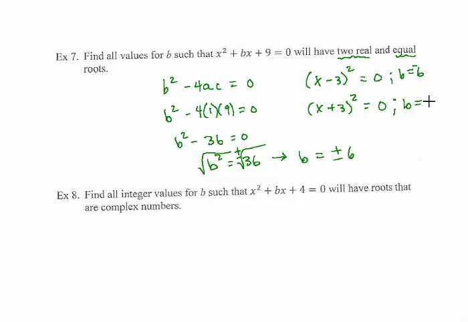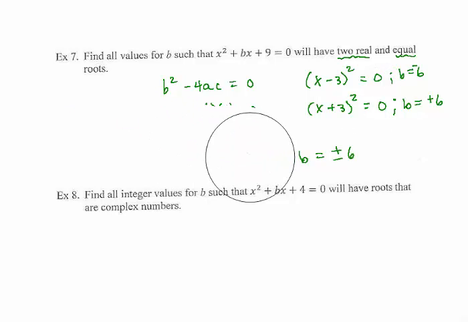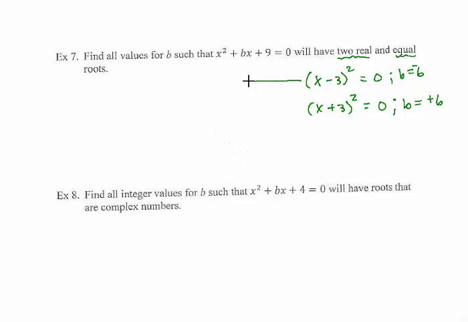Okay, so in either of these cases, if b was minus 6, this quadratic equation would factor as x minus 3 squared, and we would say x equals 3 with multiplicity of 2.